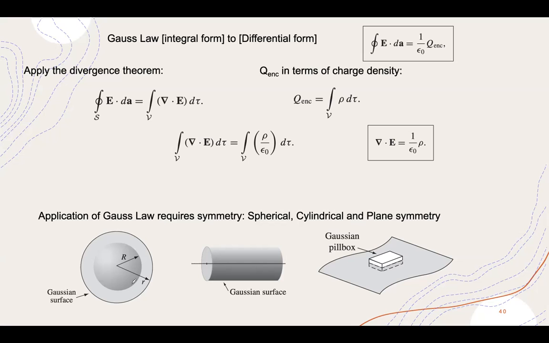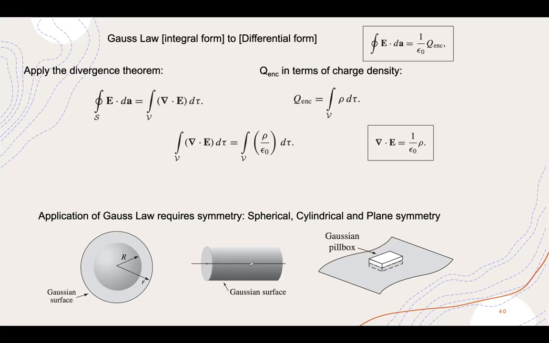Sometimes we are also interested in the electric field inside, so r can be reduced, and you draw a Gaussian surface inside, see the total charge enclosed, and divide by epsilon naught. You can calculate this in the integral form like this or in the differential form like this.